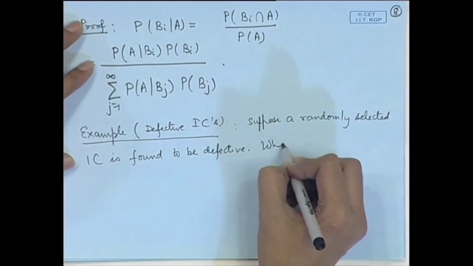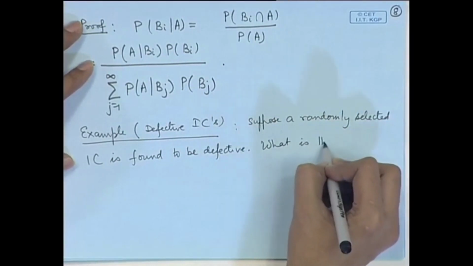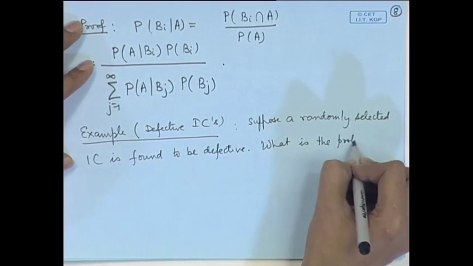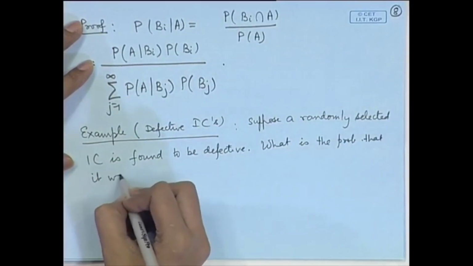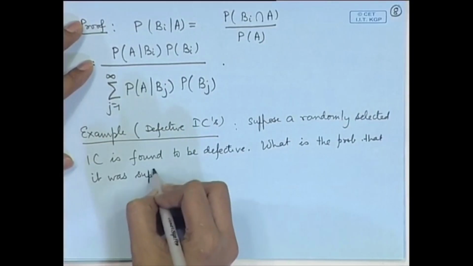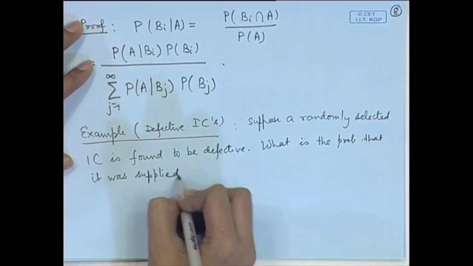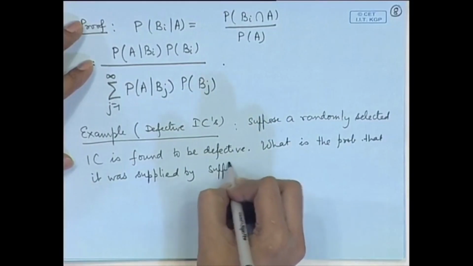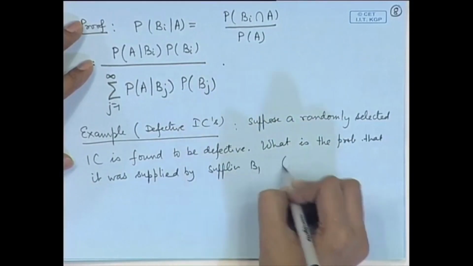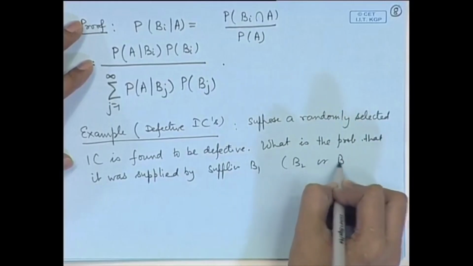What is the probability that it was supplied by say supplier B 1 or B 2 or B 3?